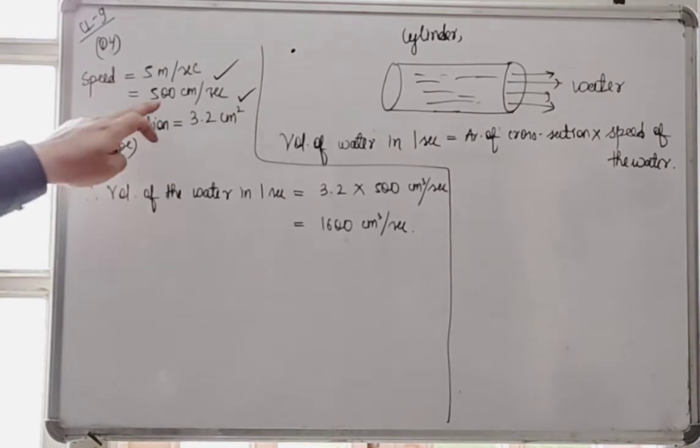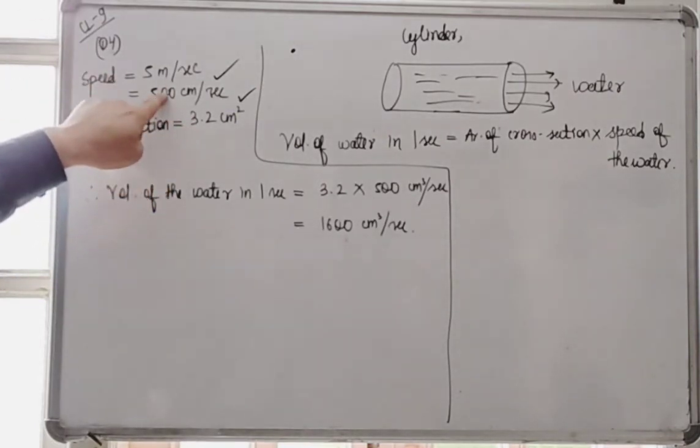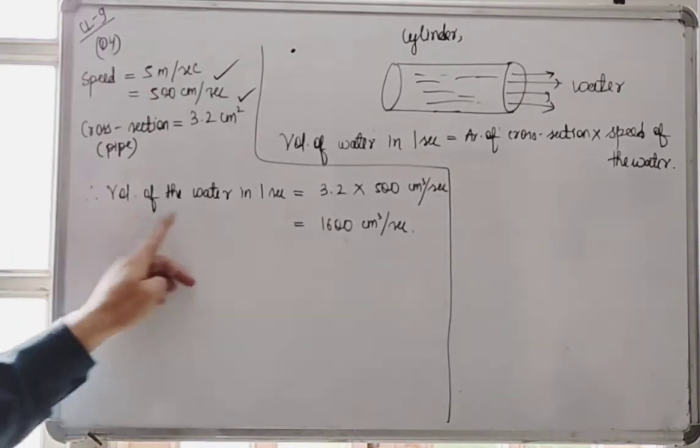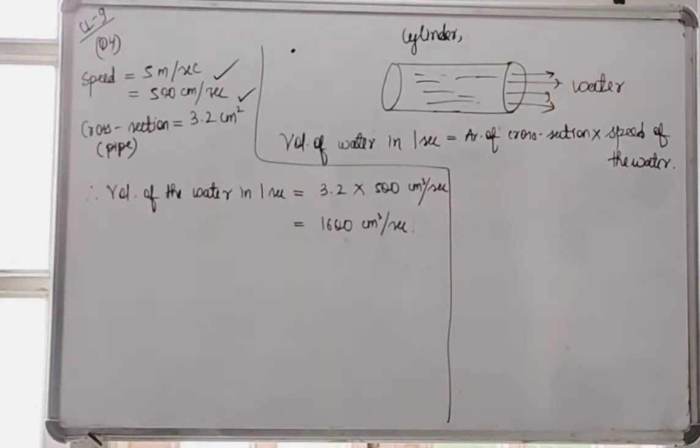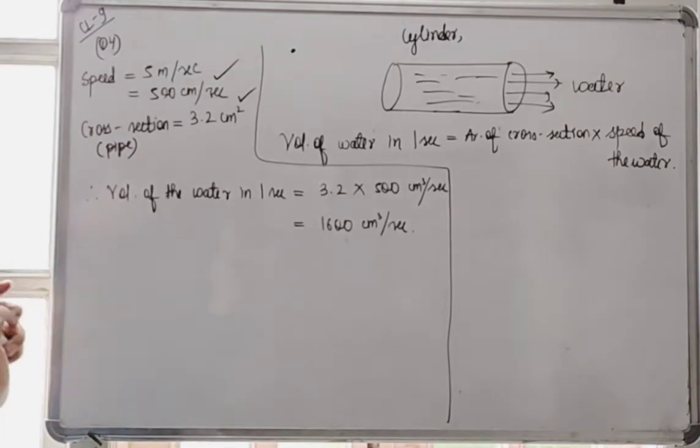So with these two values, 500 and 3.2, can I find the volume of water, which is part 1: calculate the volume of water discharged in centimeter cube per second. It is already centimeter and second, so I don't need to convert anything for part 1.